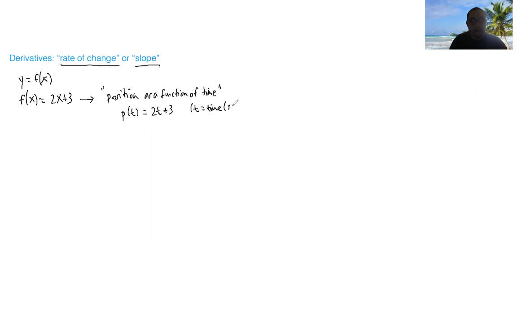And let's say the time is in seconds, just for this example, okay? So now that I've given you the position function, at any point in time you can calculate your position.